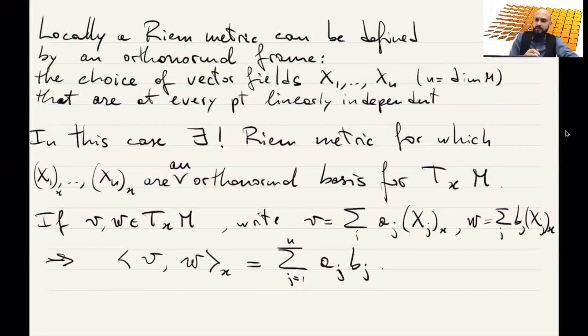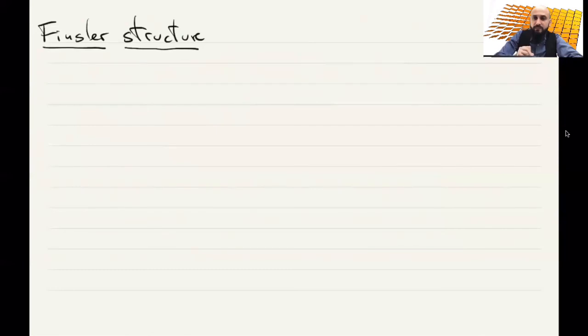Now let's generalize this to the Finsler geometry. Okay, what's a Finsler structure? There are many variants for Finsler structures.